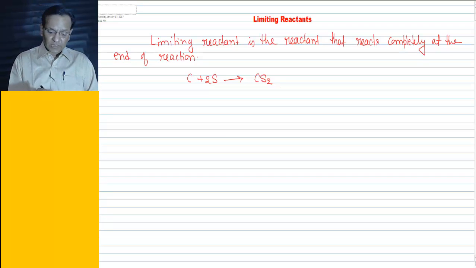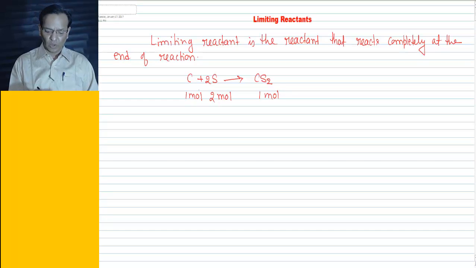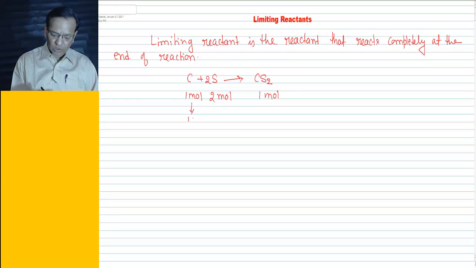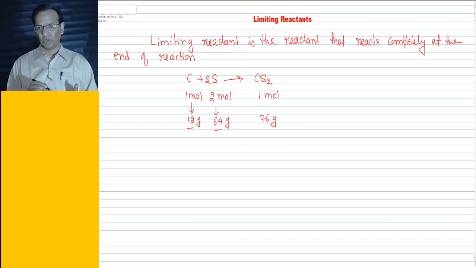According to the law of chemical combination, 1 mole of carbon combines with 2 mole of sulfur to produce 1 mole of CS2, carbon disulfide. 1 mole of carbon corresponds to 12 gram of carbon. 2 mole of sulfur correspond to 2 into 32, 64 gram of sulfur, and if they combine, they will produce 64 plus 12, 76 gram of carbon disulfide.